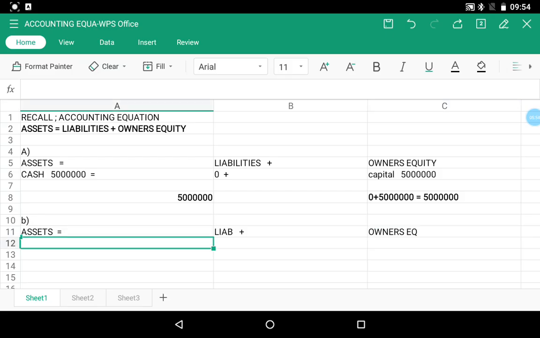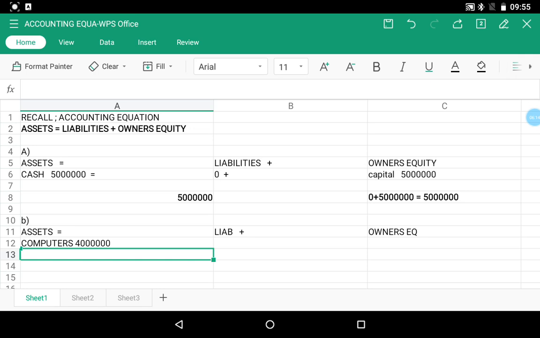So here in our transaction under assets, he bought computers. So we have computers. What? Bought computers for 4 million.